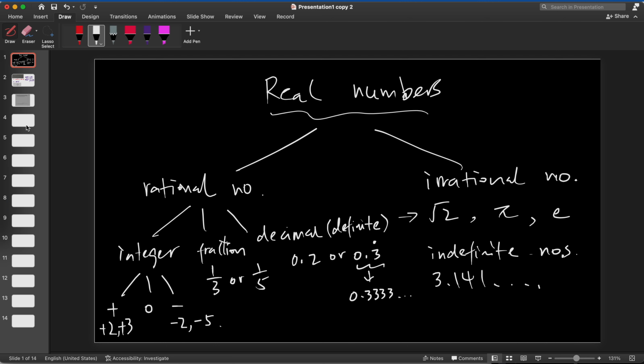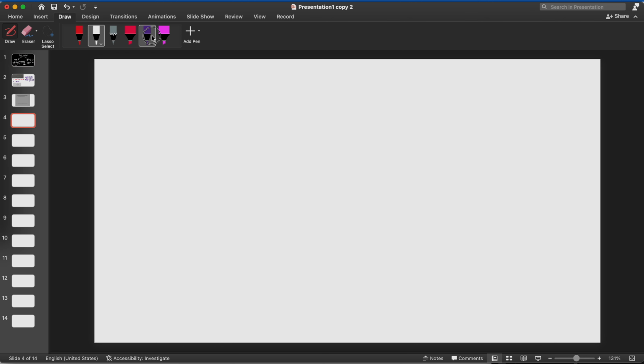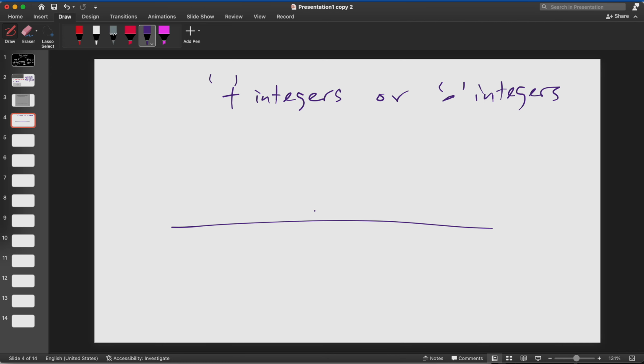And when it comes to positive integer or negative integer, right? Okay. What you can think of is a number line. So with a number line, you have the zero here. On the right hand side of the zero, you have the positive integers. All right.